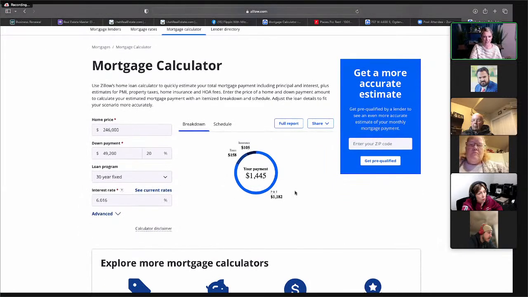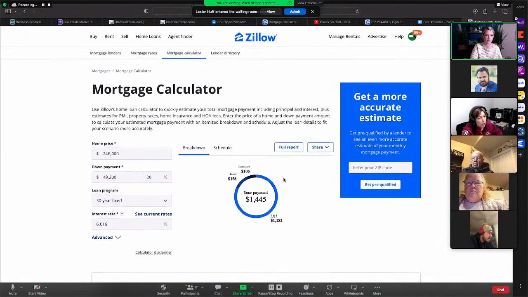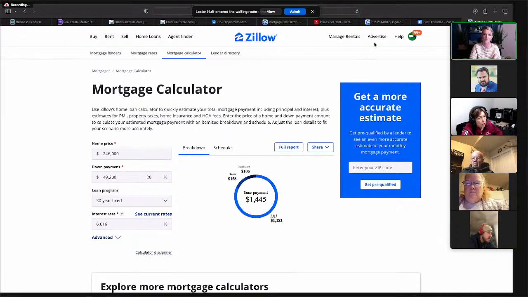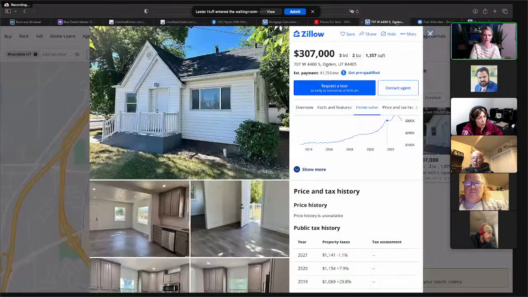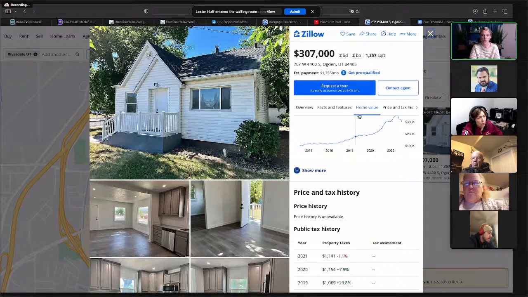Personally, I don't know if you need to do a full 10%, but for this game we're going to deduct 10% of the total cash flow for property management, fine. That's what we're calculating, so go ahead and do that.